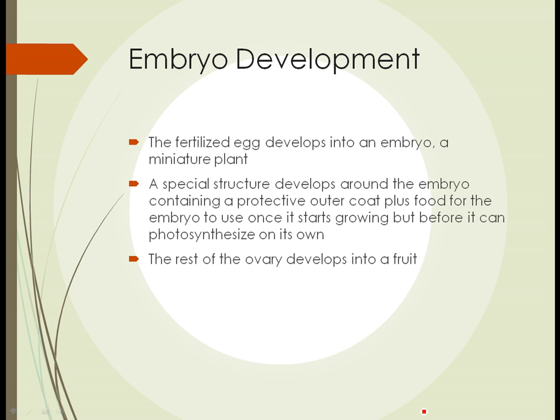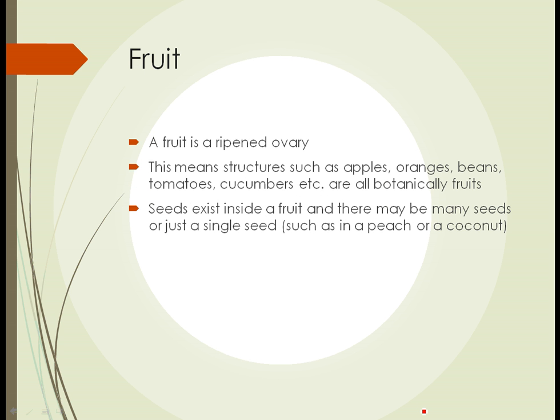The rest of the ovary that contains all of these ovules develops into a fruit. So a plant fruit is a ripened ovary, so an apple, an orange, a watermelon, whatever. All of those things, including beans and tomatoes and cucumbers, botanically are all fruits because they are ripened ovaries.